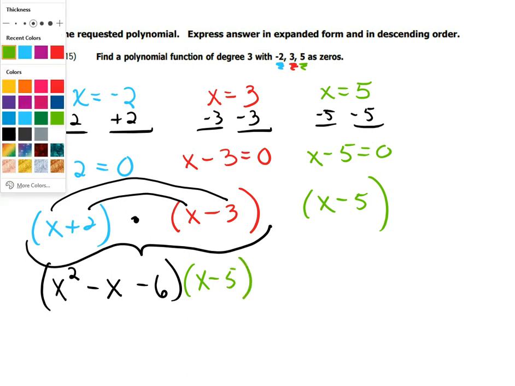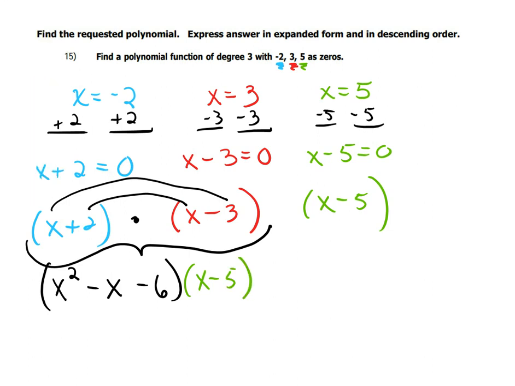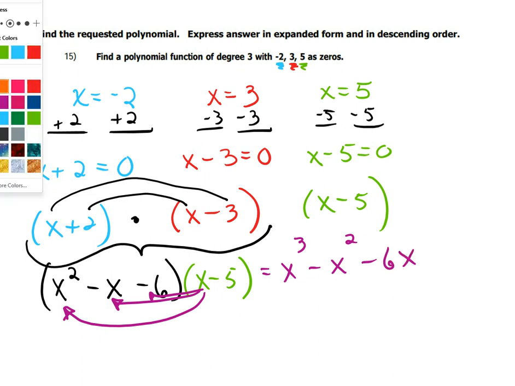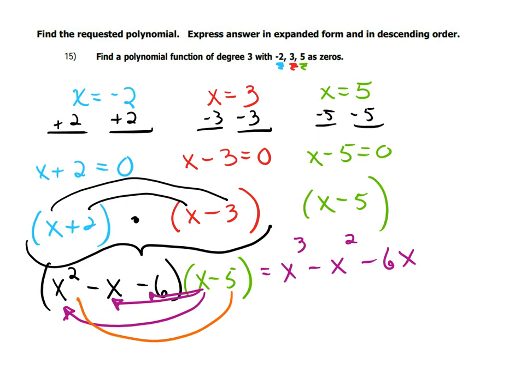Now, in order to multiply that, I am going to have to use a distributive property. So I'm going to distribute the x to all 3 of these terms, and that's going to be x cubed minus x squared minus 6x. And then I'm going to go back and distribute the -5 to all 3 of these. -5 times x squared is a -5x squared. -5 times -x is a positive 5x.